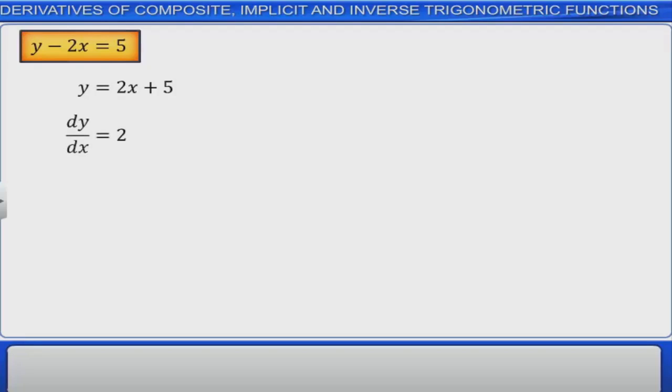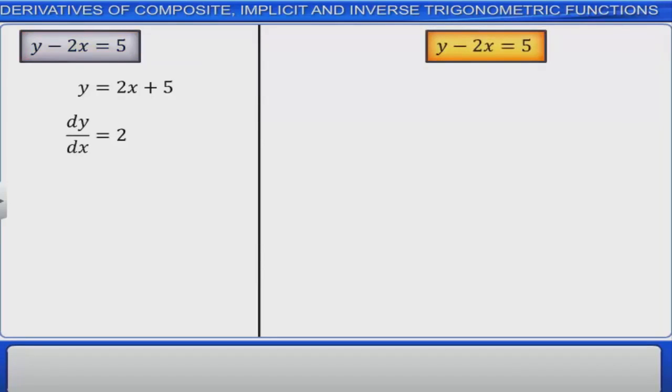Alternatively, we can also differentiate the equation with respect to x on both the sides. Thus, we have d by dx of y minus 2x is equal to d by dx of 5. We know that the derivative of a constant is 0.